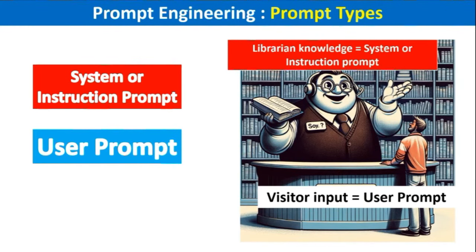Just as a librarian can provide more accurate and helpful resources if he is provided a good library manual or a help book followed by very clear user requests, an AI language model gives better responses when it is instructed to follow some instruction with additional context and a clear and specific user prompt.